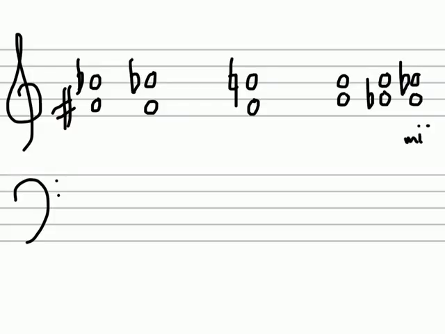So this would be a minor third, this would be an augmented third, this one is our major third. If I wanted a diminished third, I would have to make it a half step narrower once and twice, and that would be a diminished third.